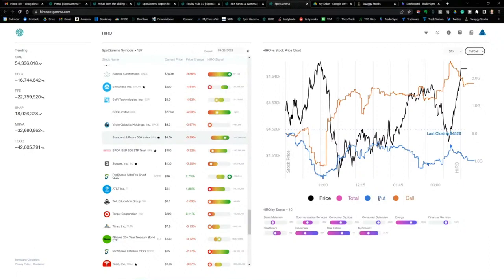Well, a Hero signal is a confirmation. I would not act on Hero alone. It's a very strong confluence.